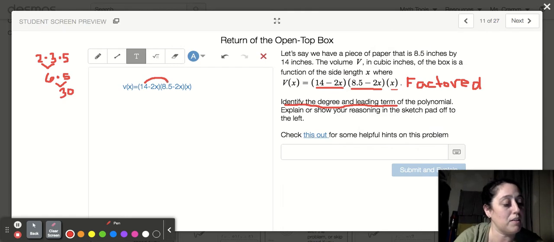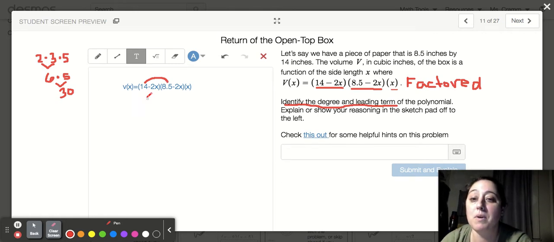I probably should have done this beforehand. Sorry, guys. So 8.5 times 14 gives me 119. And then I'm going to do 14 times -2x. That gives me -28x.